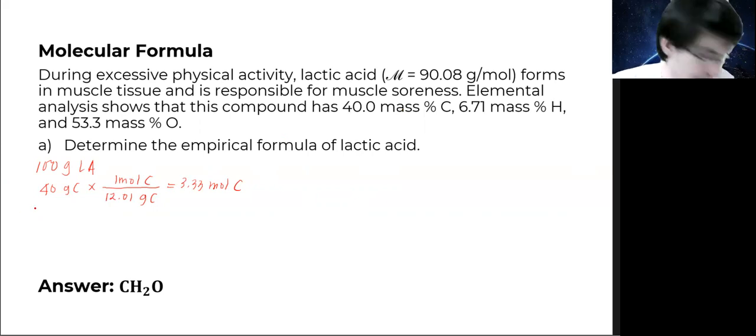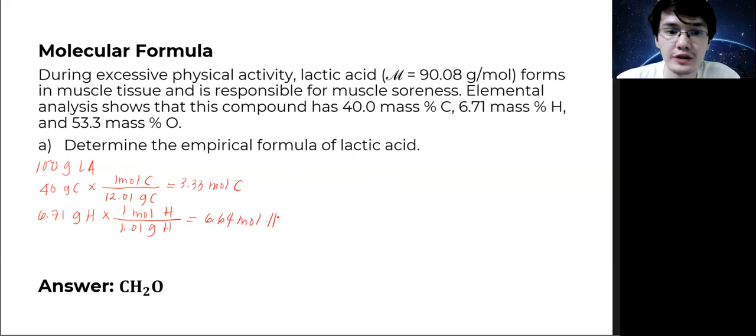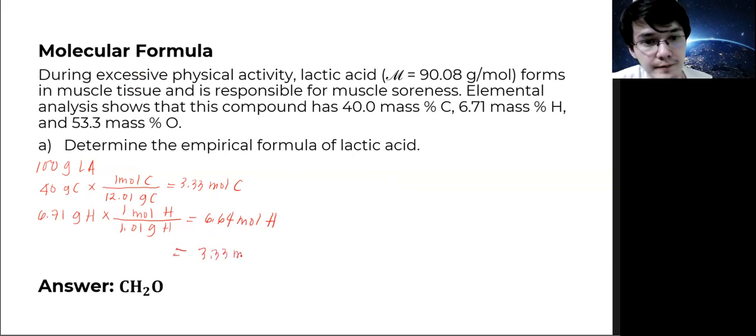Then 6.71 grams hydrogen. We divide it by the atomic weight. We will get 6.64 moles hydrogen. Then the same thing with oxygen. So by calculation, we will get 3.33 moles oxygen.